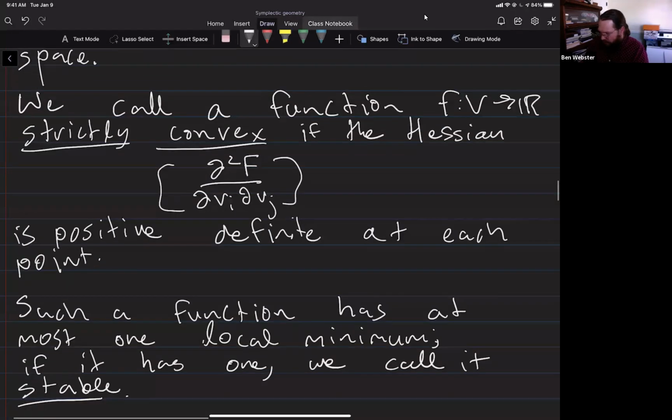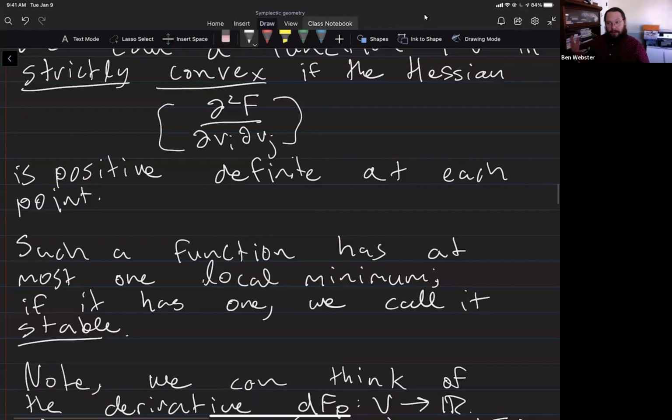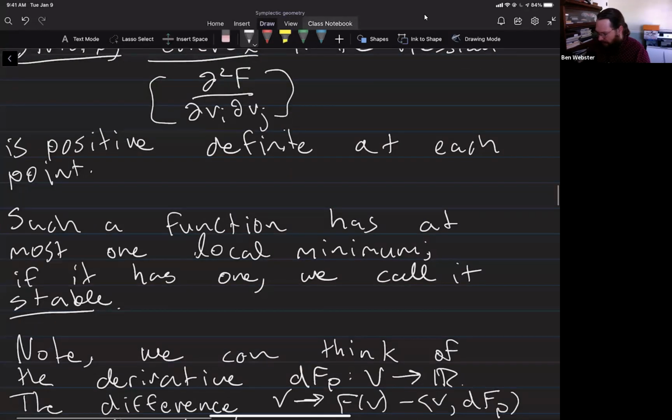So it's also true in this higher dimensional setting that there's at most one critical point. If that critical point exists, it's a global minimum. So it has at most one local minimum. If you only have one local minimum, it's a global minimum. In that case, we call the function stable.